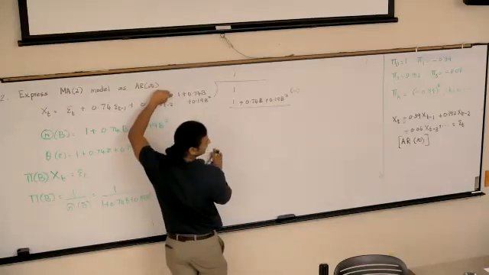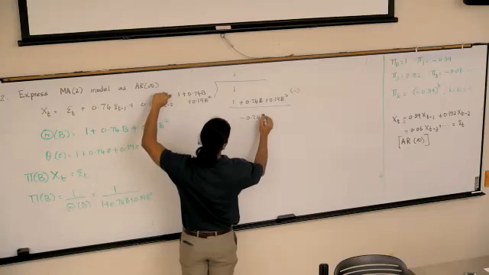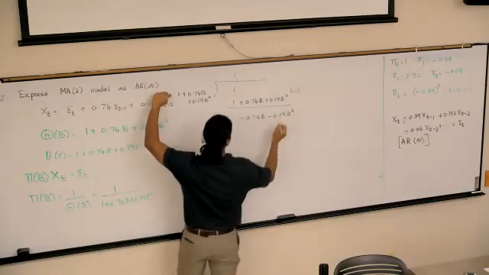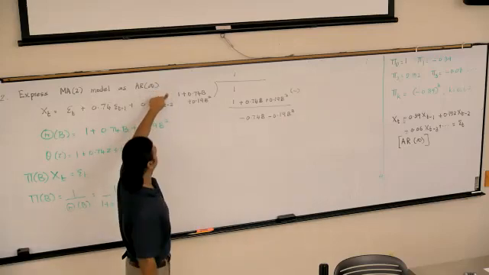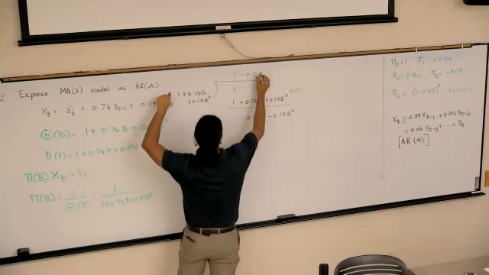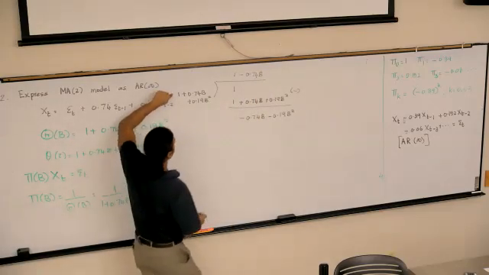Subtract, I will get negative 0.74B, negative 0.19B squared. Negative 0.74B, we need your calculator.